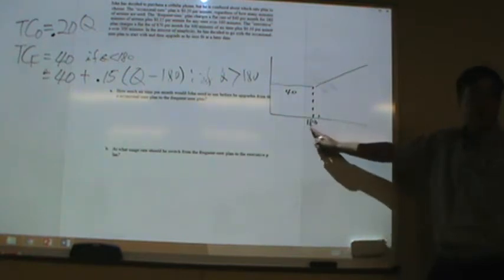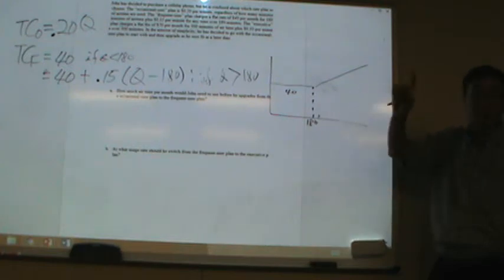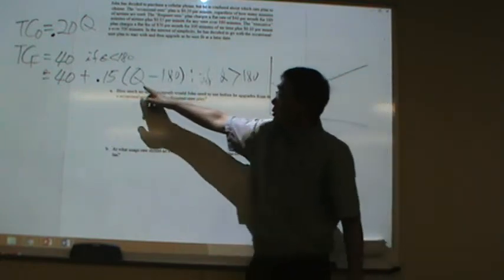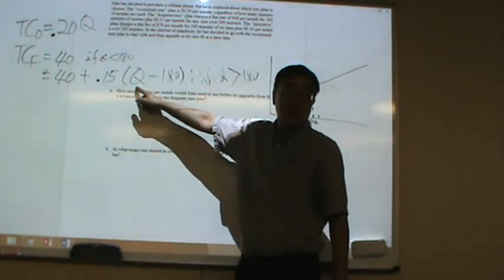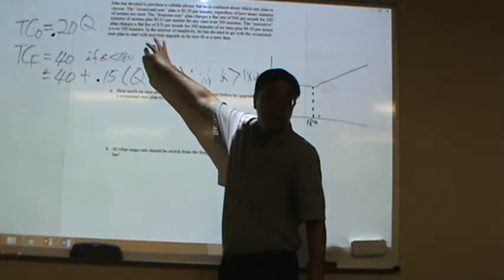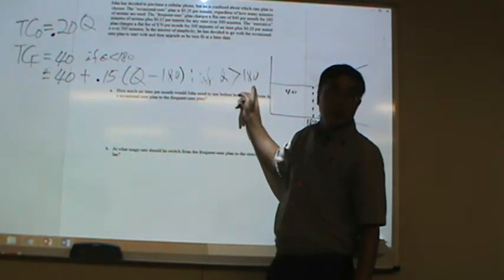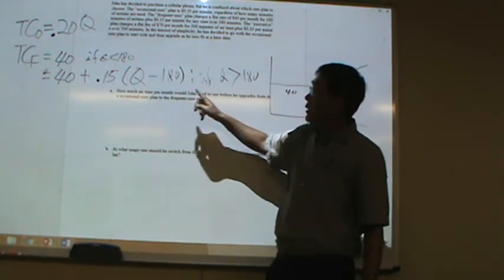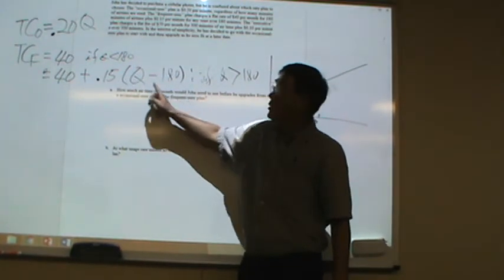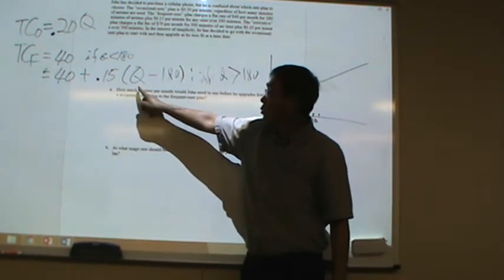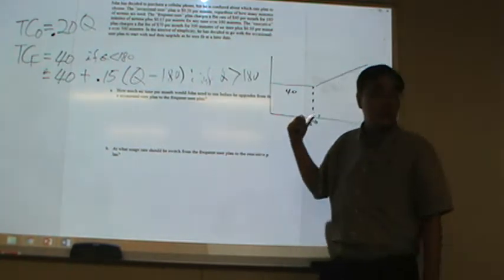So after 180, 1 minute, 15 cents. 2 minutes, 15 cents. 3 minutes, 15 cents. So if this one is less than 180, this one, more than 180, 181, minus 180, then only 1 minute additional, right?